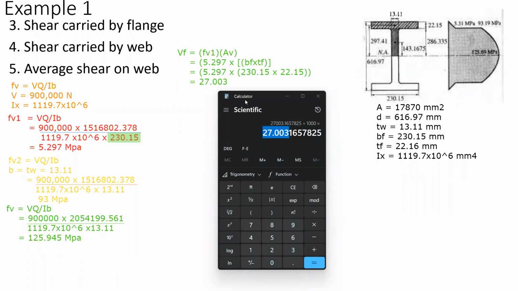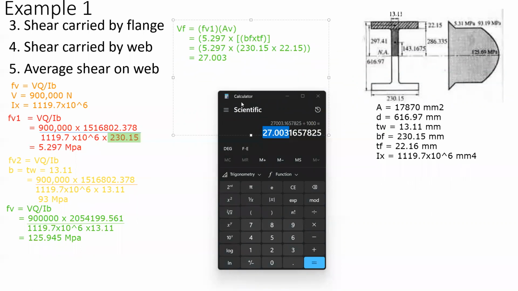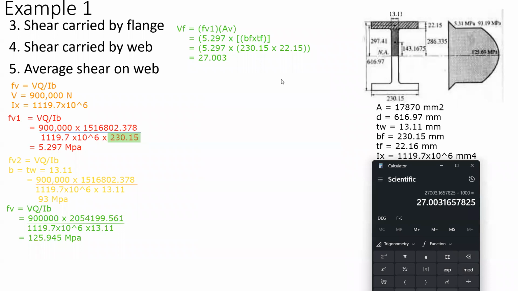Let's go to our next question. Shear carried by the web, let's call this VW. And this is simply the total shear minus the shear carried by our flange. Total shear natin is 900 kilonewton minus the shear carried by the flange.